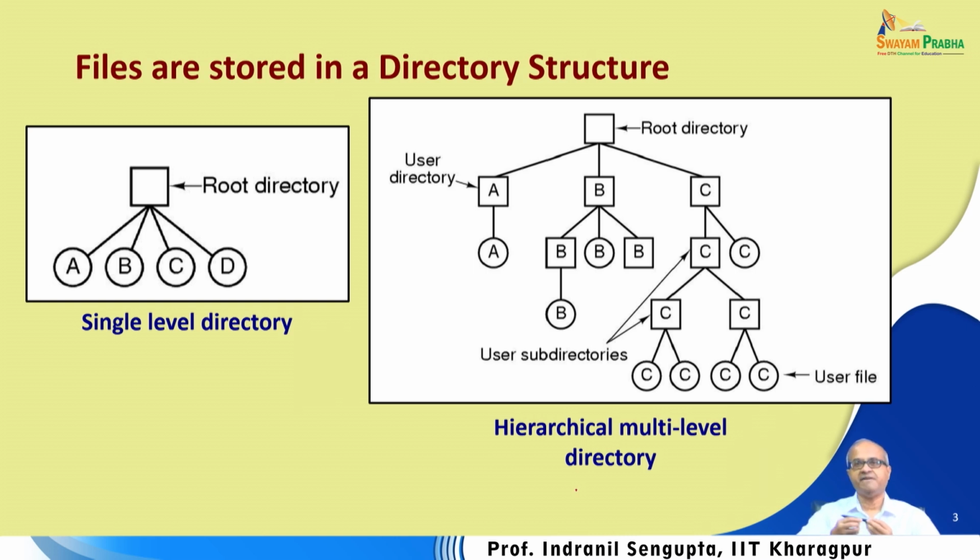Now, in the first generation of operating systems, the operating system supported only a single level directory. There was a root directory under which all files were stored. Here A, B, C, D, 4 names are shown. So, all files were stored under the same root directory.